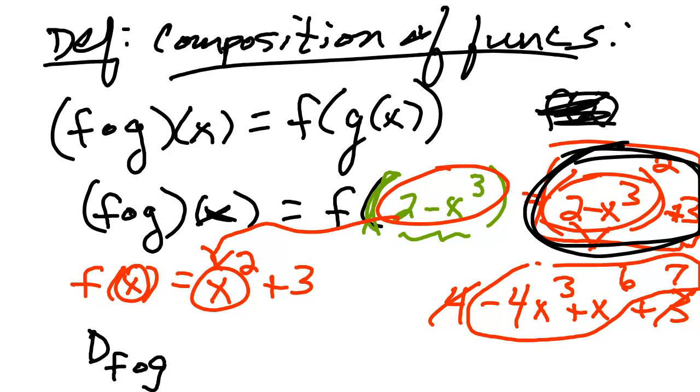There's no problems for plugging in for x, but you do have to look at how you get there. So we have to be careful if you're coming all the way and simplifying to this bottom version. It might look really nice, but in this case it is nice, so the domain is actually all real numbers. But I'm going to give you an example where it doesn't work out so well.